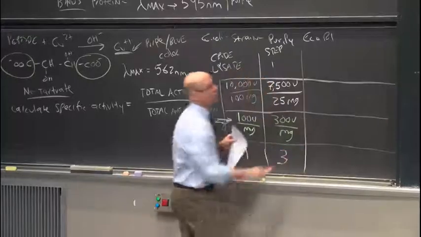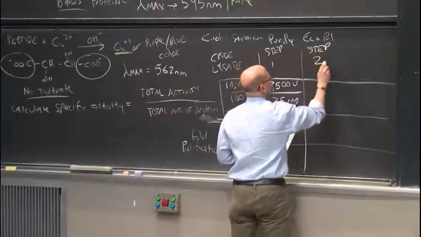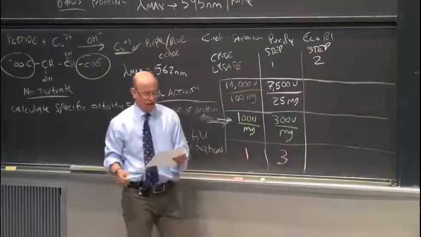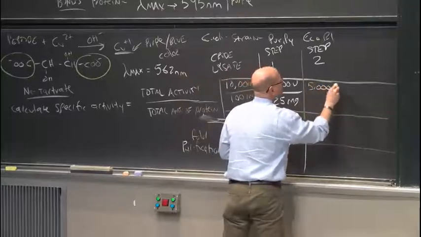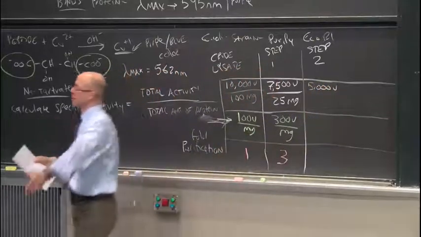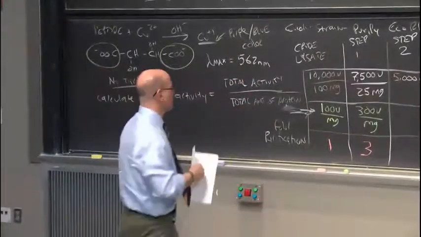Well, I told you ammonium sulfate wasn't a great step, so let's add a second step. Maybe the next step we'll try is ion exchange chromatography. And when I do ion exchange chromatography, I only get back 5,000 units. Boy, I just keep losing this enzyme every time I try to purify it. I'm losing a little more and losing a little more, right?